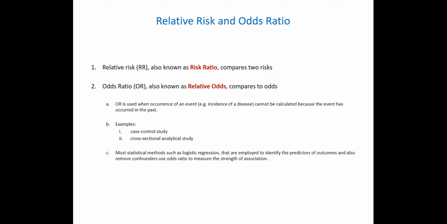If you start following up people exposed to the agent or factor you think is causing the disease, you may wait for 40 years and not see even one, or not see enough to make any reasonable analysis. It will amount to a waste of energy. And the cohort study is the most costly, more costly than experimental design, because of that long follow-up.